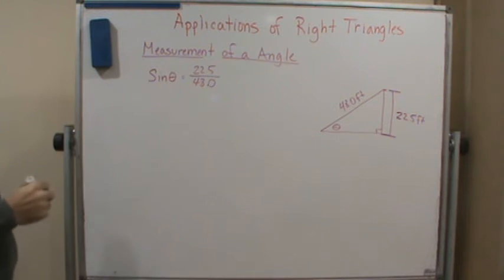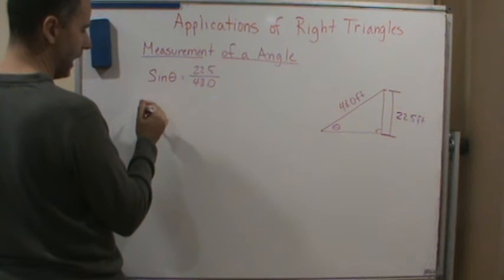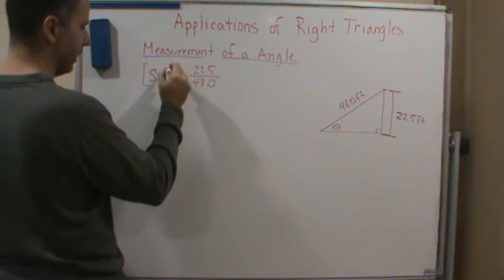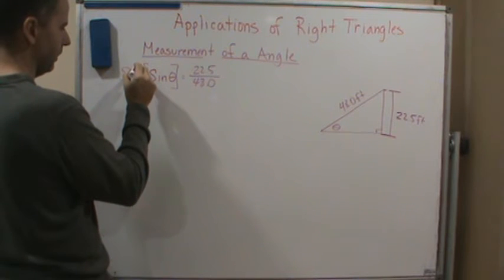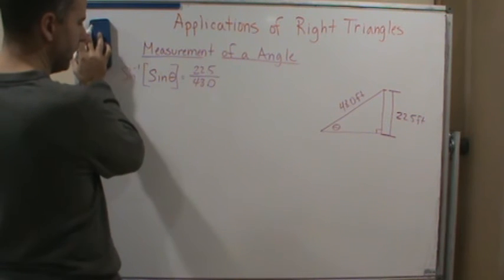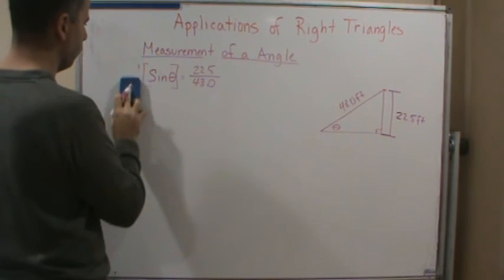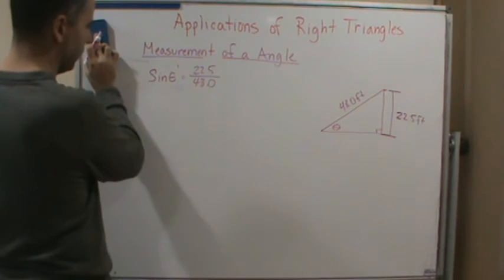So the feet cancel. Now, I want the angle, so I'm going to have to take the inverse sine of both sides. Let me put it as a step.